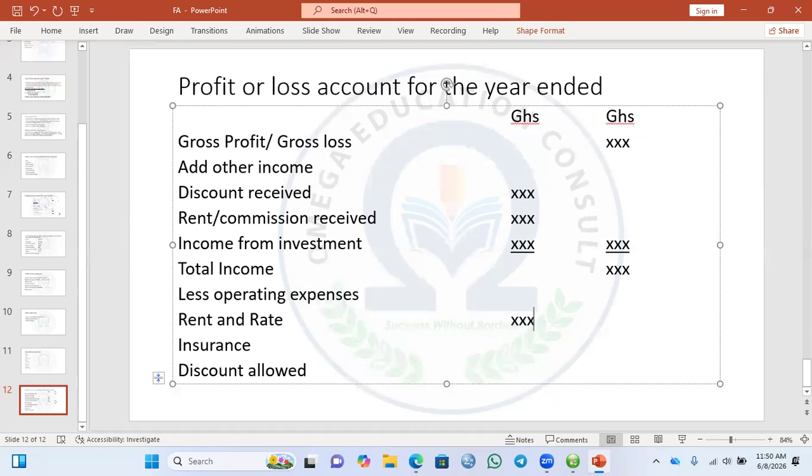So you sum them up as well in the first column, or where you combine the two accounts, that will be the middle column. Then you subtract from your total income. This will give you your total expenses. Then you compare with your total income to get your net profit or net loss.